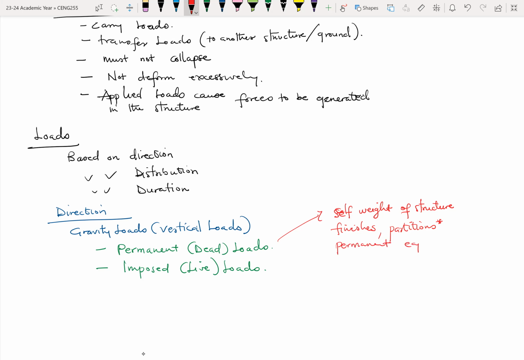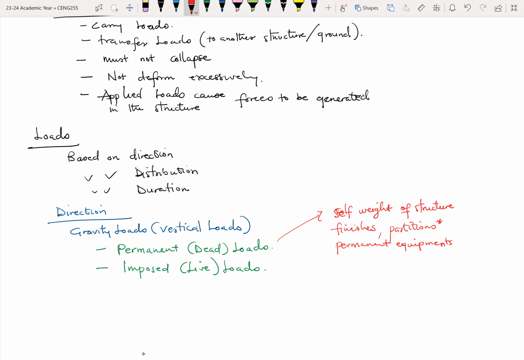Now we have any permanent equipment. There are some buildings that when you go in there are certain equipment you find in those buildings, which were designed to be part of the buildings throughout their lifespan. An example would be an engineering laboratory. If you go to a well-resourced engineering laboratory, you'll find overhead cranes, which are able to move things here and there.